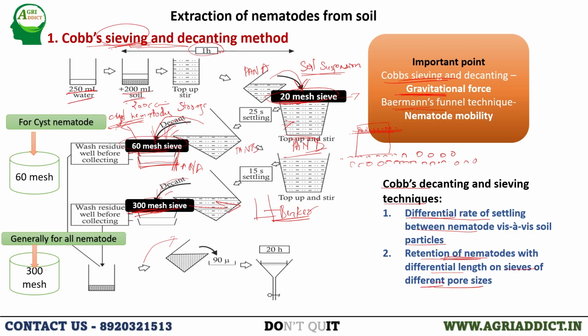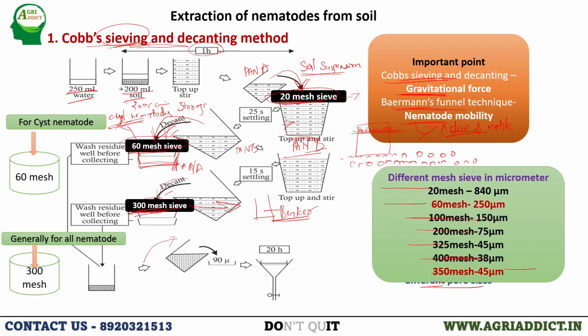But the Baermann funnel technique entirely depends on nematode mobility, so only active and motile nematodes will be extracted by using it. Let us see the Baermann funnel technique in the next slide.